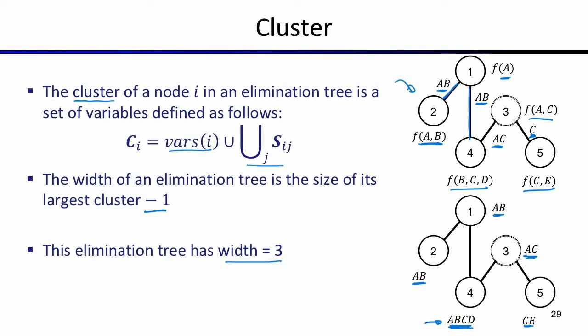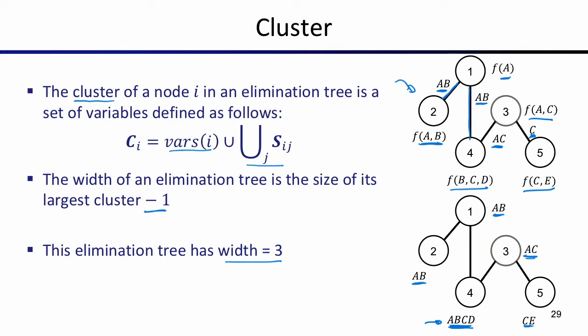The explanation is that we need to make this definition compatible with the width of the elimination order. You remember that when we defined the width of the elimination order, we said it would be the size of the largest factor minus 1, because we are computing the width after the elimination of the variable, not before.